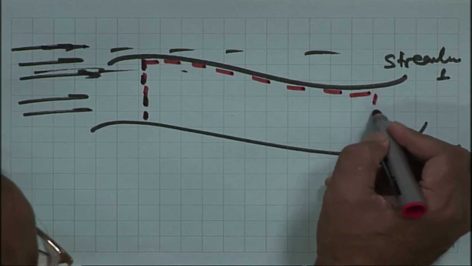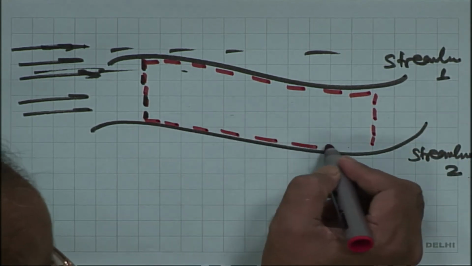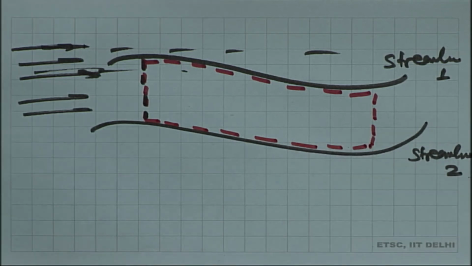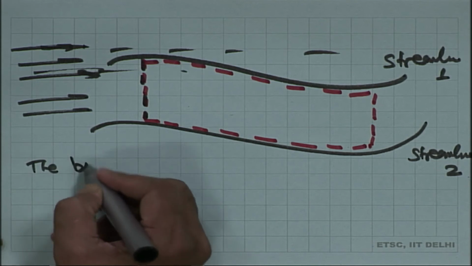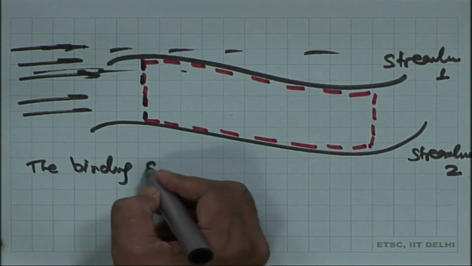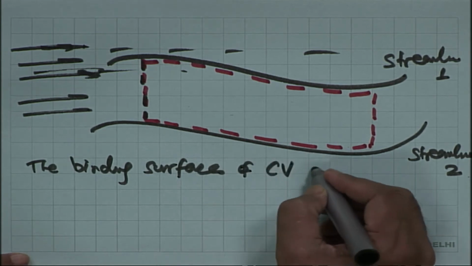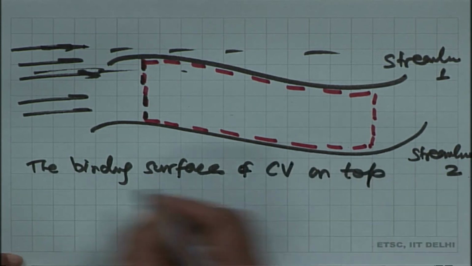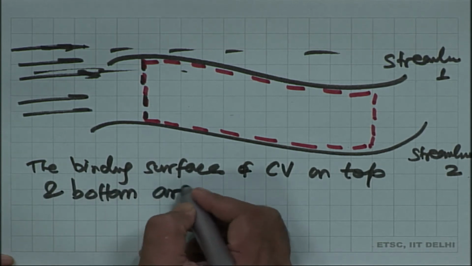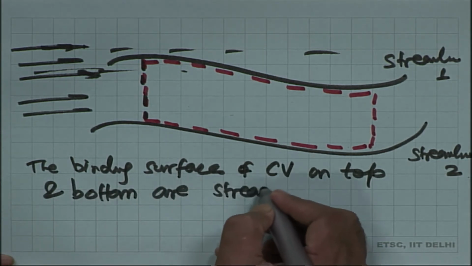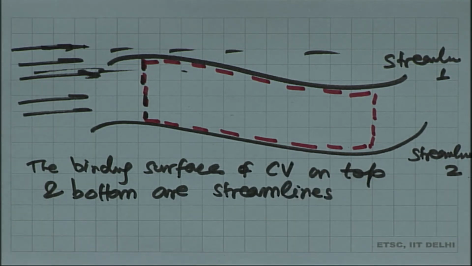I have a case like this. So, now the binding surfaces of the control volume on top and bottom are streamlines.